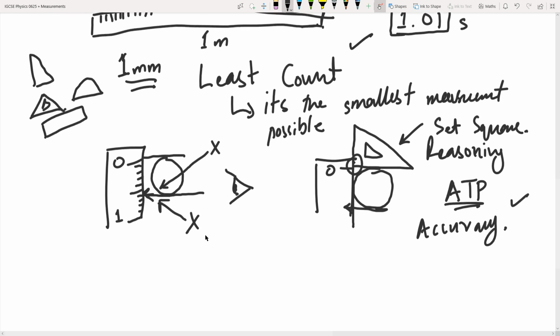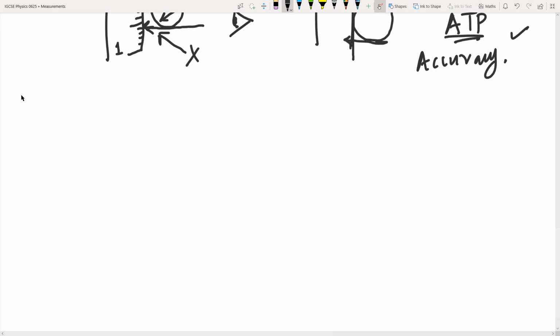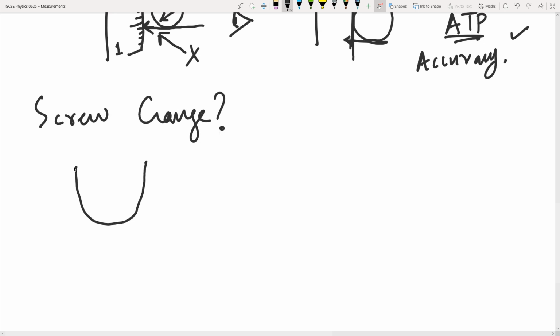Okay, moving on, we have the screw gauge as a second instrument. So as I said, screw gauge. What's a screw gauge? It's actually a device which is shaped like this, right? I'm going to draw a rough sketch of the screw gauge. There's the anvil, there's the screw, and here's going to be our object.